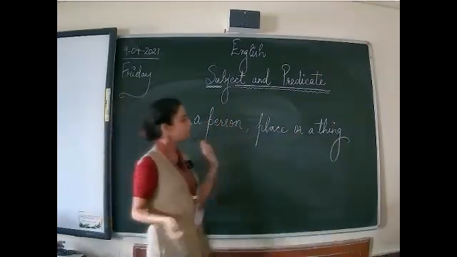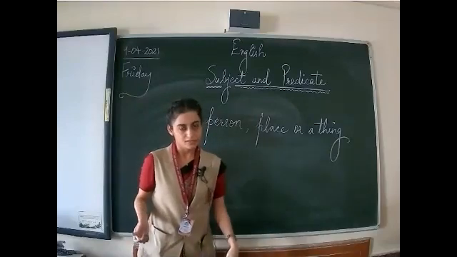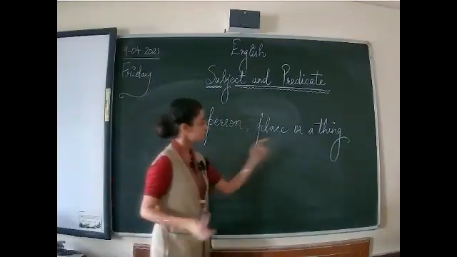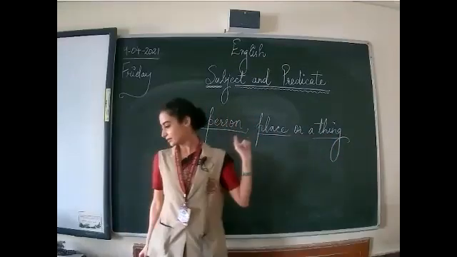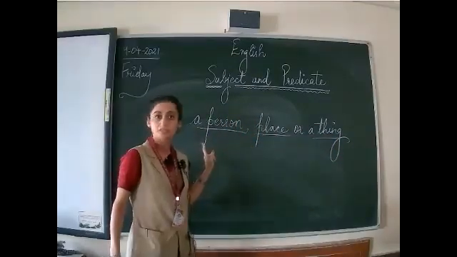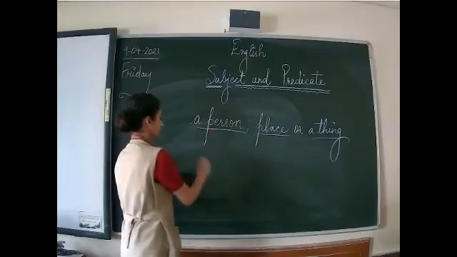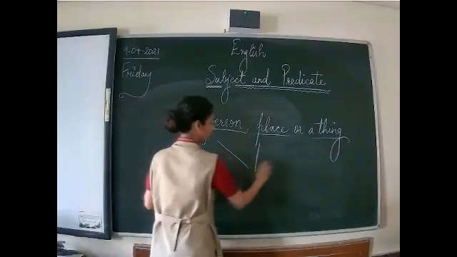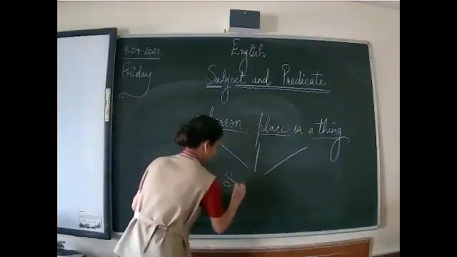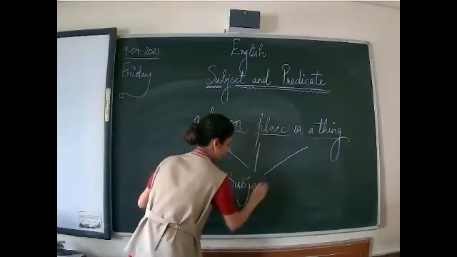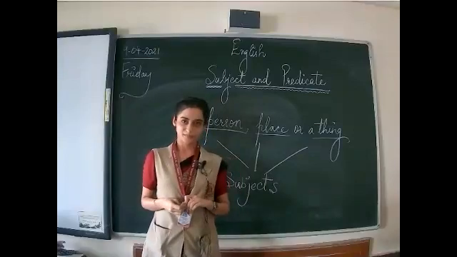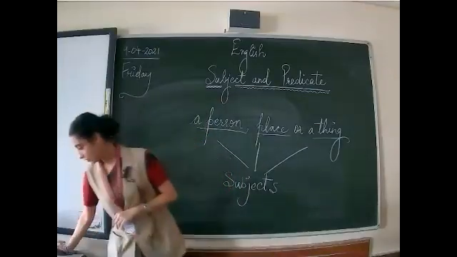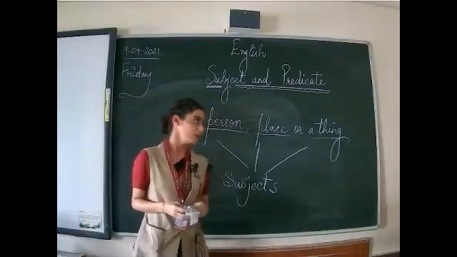So when we speak of these things, a person, place, or thing, these are called the subjects in a sentence. Okay, you'll understand better with the help of an example.